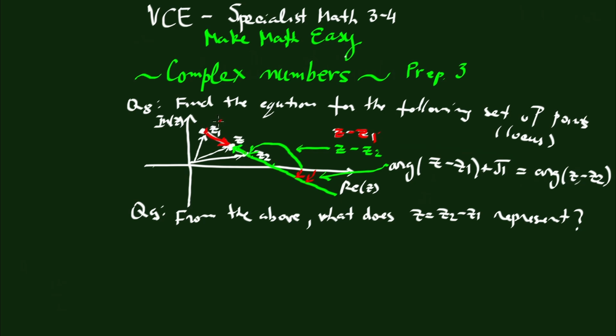So if you put it from the origin, that vector would be that. That would be our vector z2 minus z1. But that doesn't represent a locus of points, it's just a vector.